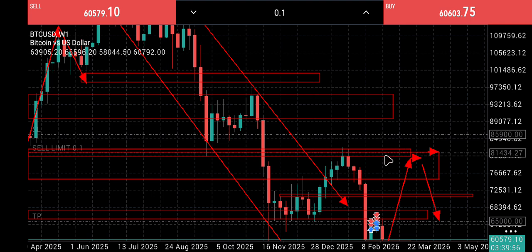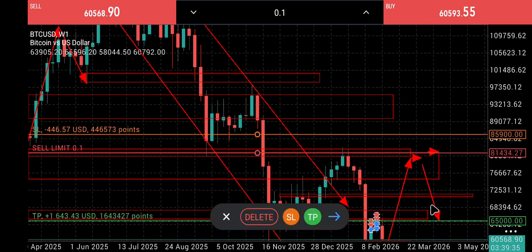I'm anticipating that it will prevent this price from getting higher than this area. So if I put that sell limit pending order there, my expectation is that the price will fall, then I'll make some profit if the price falls up to here. Yeah. So I'll explain more about pending orders in another video.